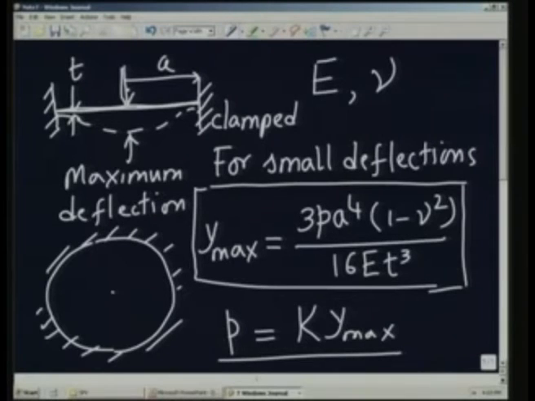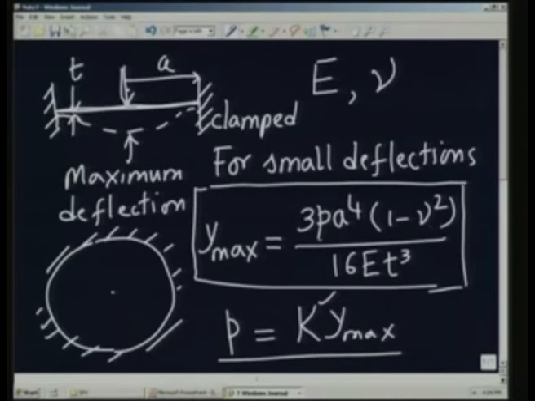So, what am I going to do in my practical application? I am going to measure the Y max, and if I know the gauge factor k, which is nothing but, you can see here, P is equal to k times Y max, k is nothing but 16 E t cube divided by a to the power of 4 into 1 minus nu squared. So, you see that this gauge factor is given in terms of the geometric and the physical parameters.